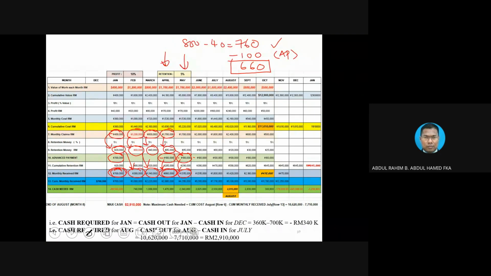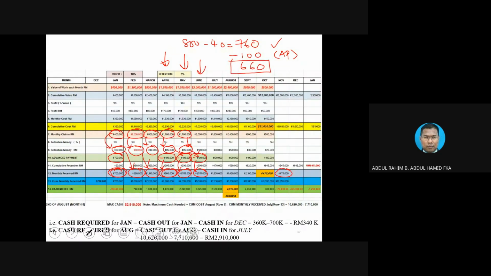Okay, similarly for June, the same 1.7, and then deduct with this thing, and then deduct with this thing, and of course we are going to get the same amount. So you do that for the rest of the calculation. Then you are going to fill up the amount until the last one here. That is the concept. Okay. So that will be the monthly receipt.